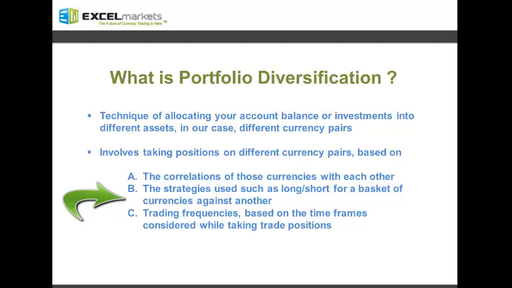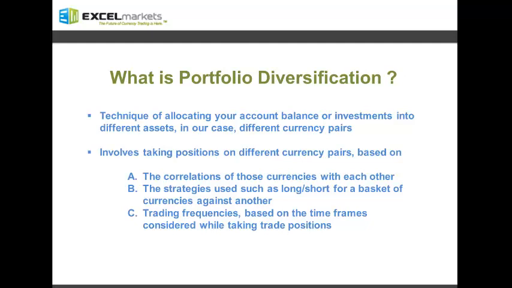Correlation, as the name suggests, is the behavior of one currency relative to another. We will discuss more on correlations later in this tutorial. Then, apart from simply diversifying in terms of currency pairs traded, one should also diversify in terms of the trading strategies used, such as going long and short for a basket of currencies against another.